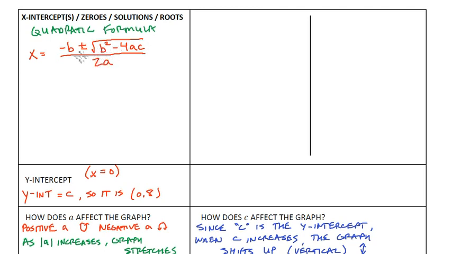So you can see, class, in this formula we've got an a value, b value, and c value. Those three coefficients are found from the standard form.